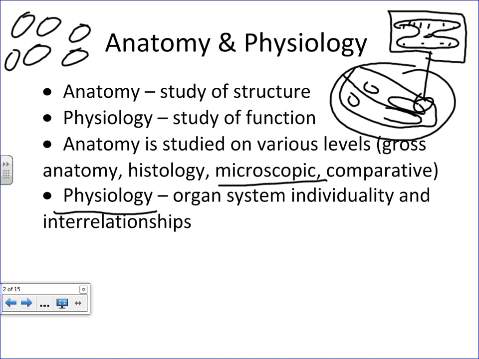And something interesting in anatomy to take a look at is comparative anatomy. Comparing, because our parts are located where they are for a reason. Our body parts allow us to function, so basically trying to figure out why a heart may be in one spot in one animal and in another spot in another animal.